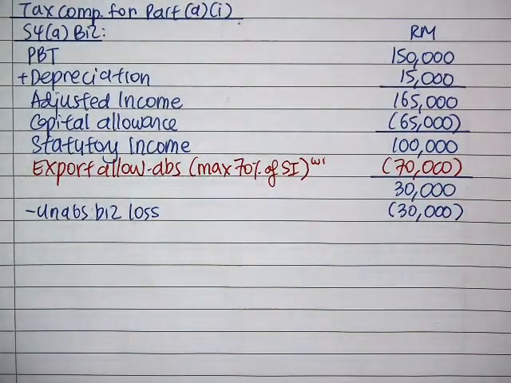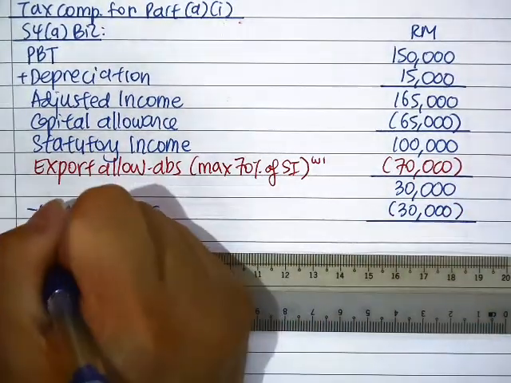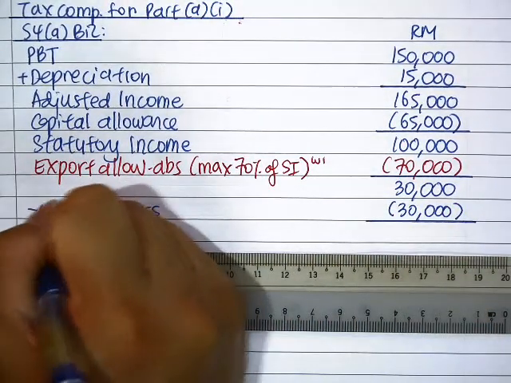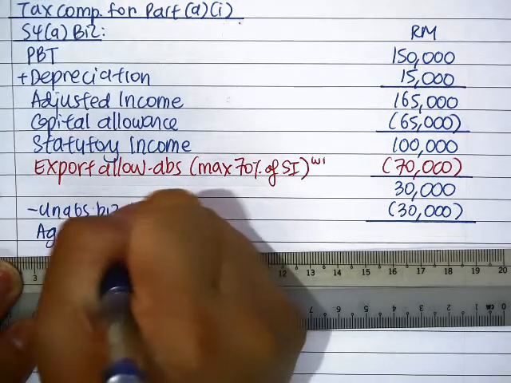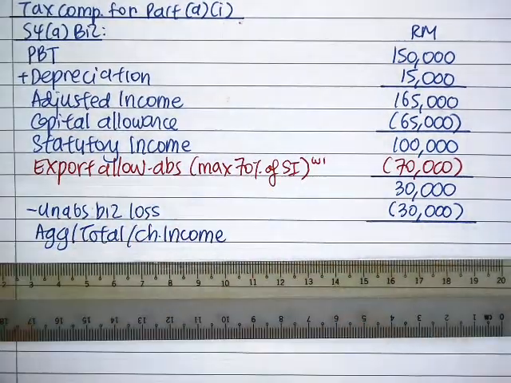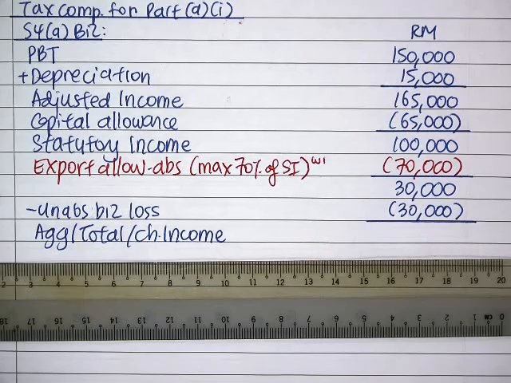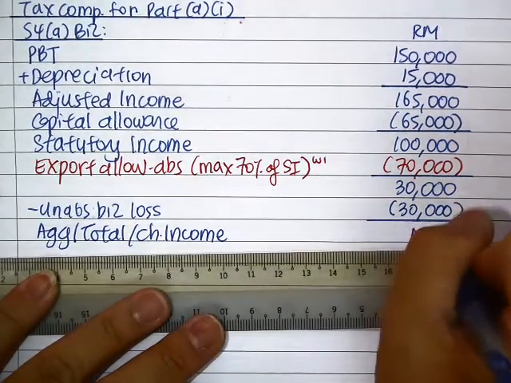That's the most you can claim. So this is my aggregate total chargeable income: nil.